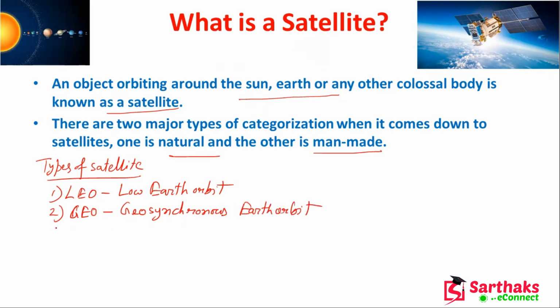And we have the MEO, that is the medium Earth orbit. And the fourth one is the elliptical.